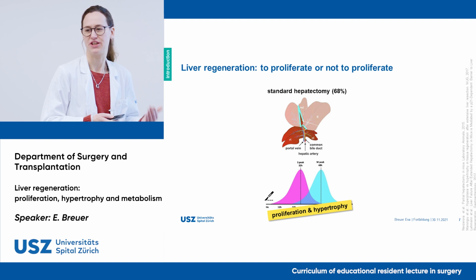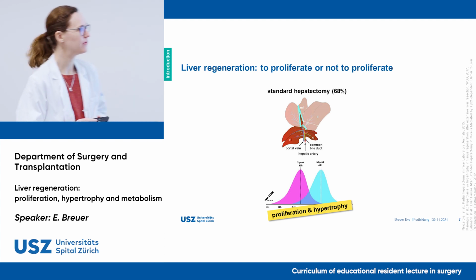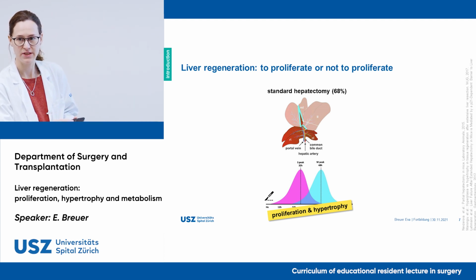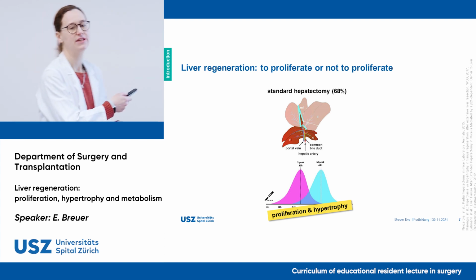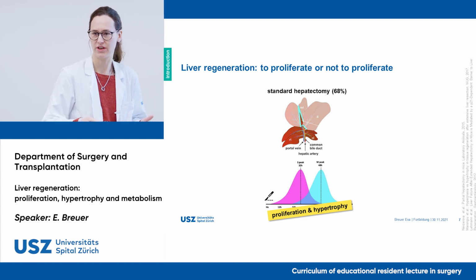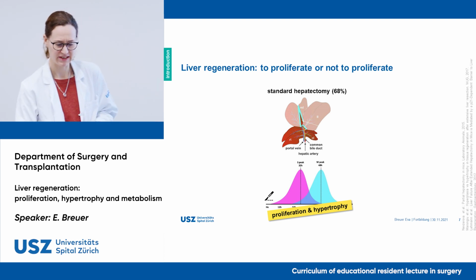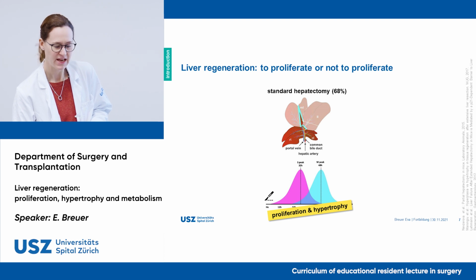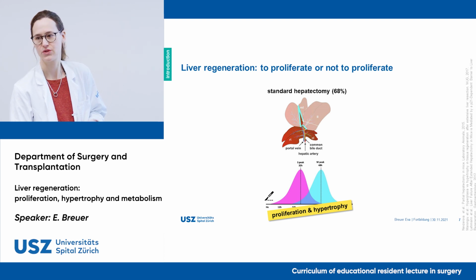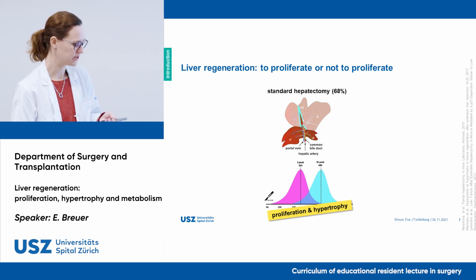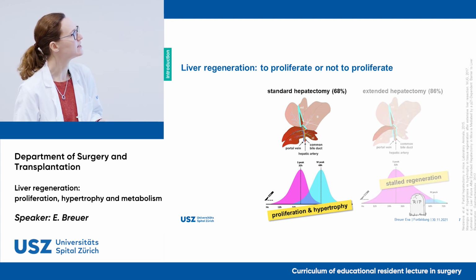If we take a look at the regeneration, that's what we know so far. After standard hepatectomy, where we assume that all animals will survive and regenerate, we have an entry into the cell cycle, which is very orchestrated. Approximately 2 days after hepatectomy, we have a peak in mitosis, so many cells are in mitosis 2 days after hepatectomy in mice.